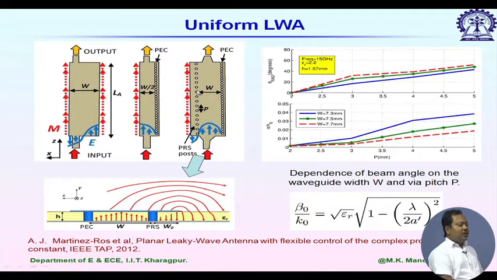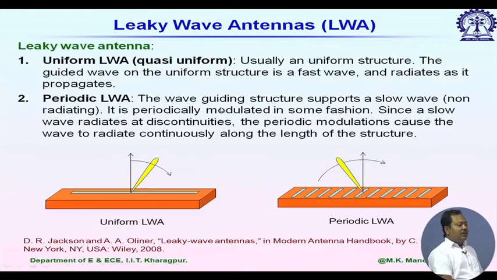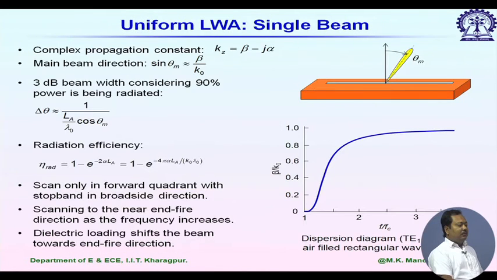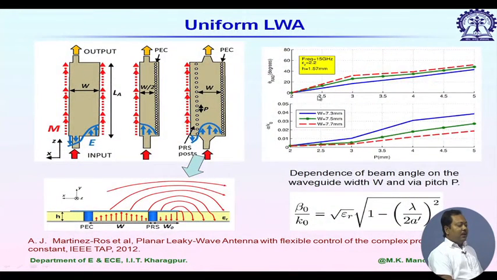So, if I change P, beta will also change at the same time. This plot of theta rad is obtained by using the relationship sin inverse beta by k naught. And then in the next plot, it is alpha by k naught versus P.